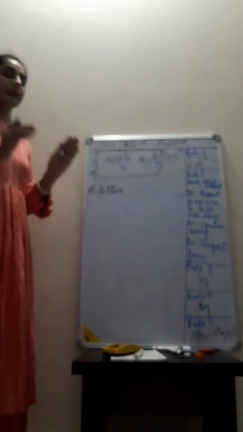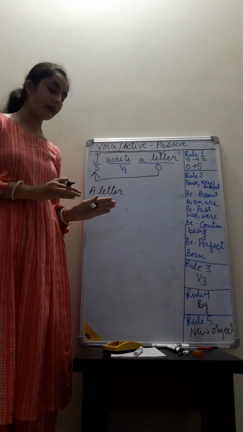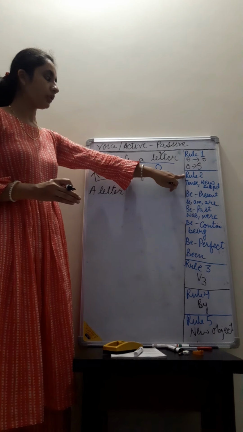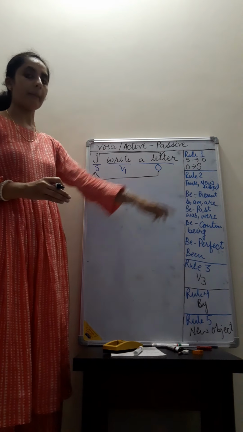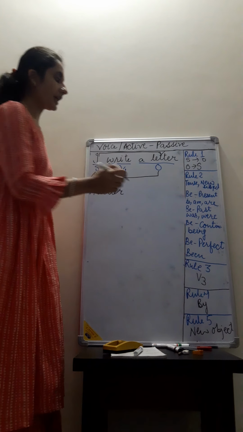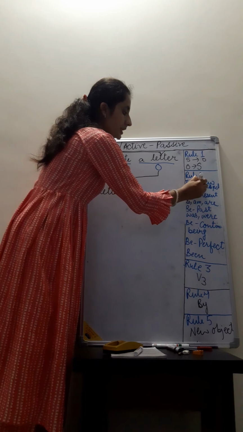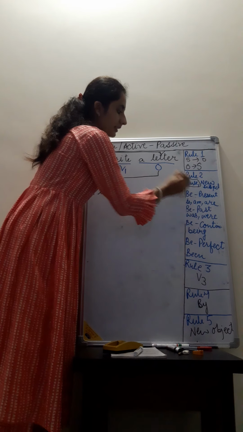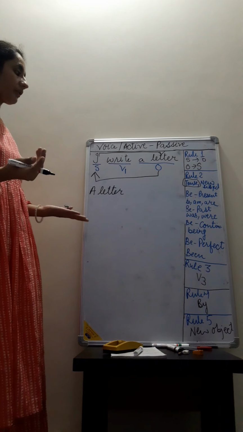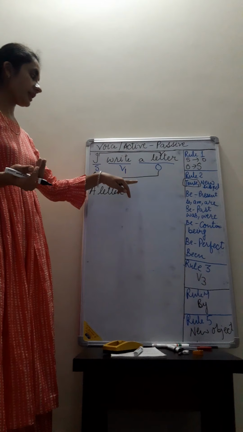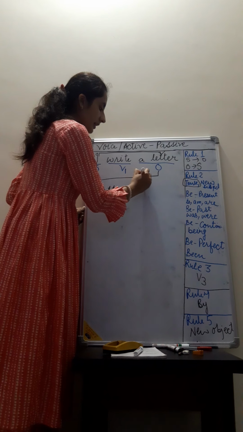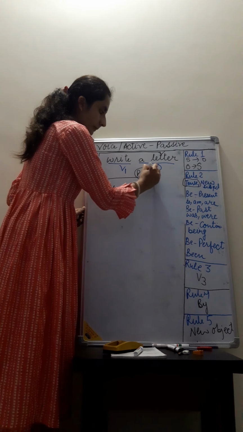I hope it is clear to you up to here. Now we will see rule number 2. Rule number 2 says check the tense. We have already checked the tense. Which tense is this? Present indefinite tense.